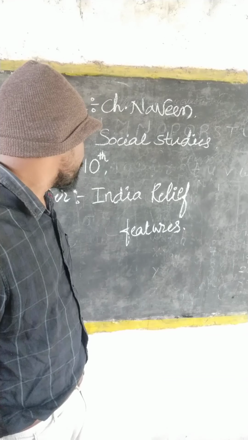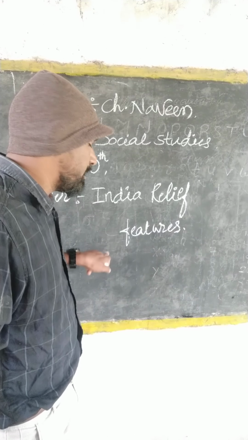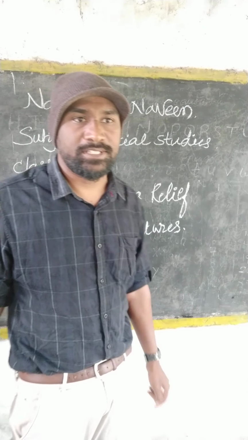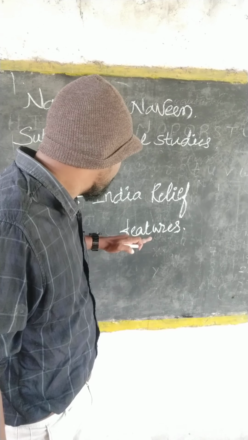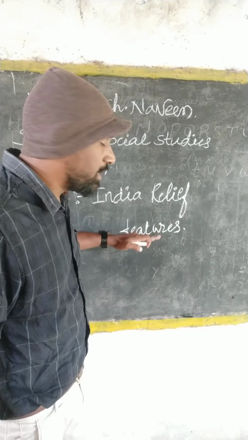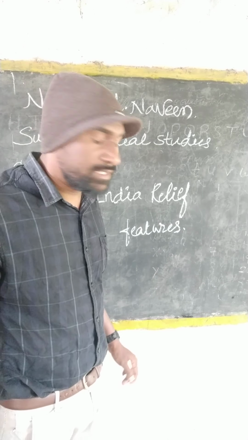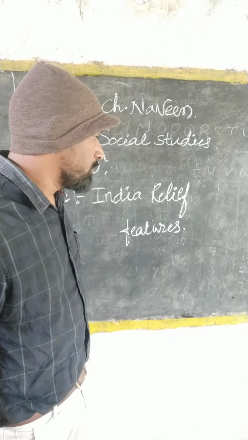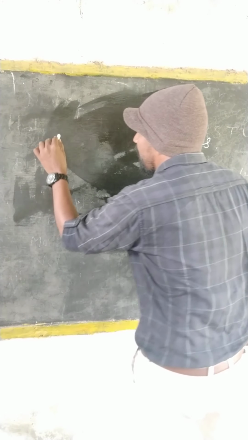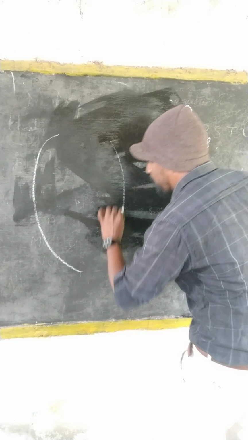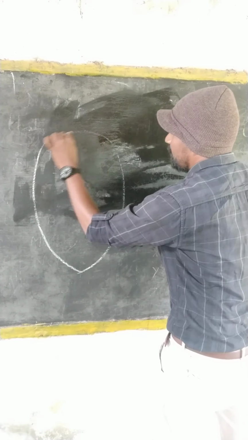India is located in the Asian continent. It means the Asian continent is located on the globe in the northern hemisphere. Basically, the whole world, the planet Earth, looks spherical in shape, right? So this is the spherical shape.